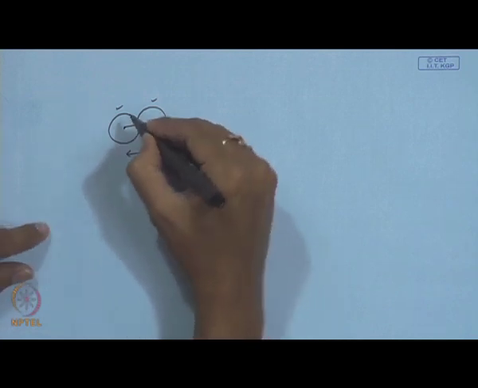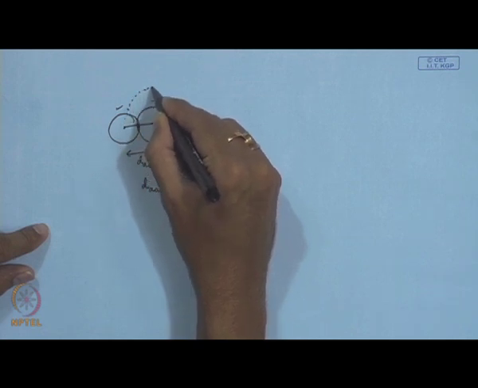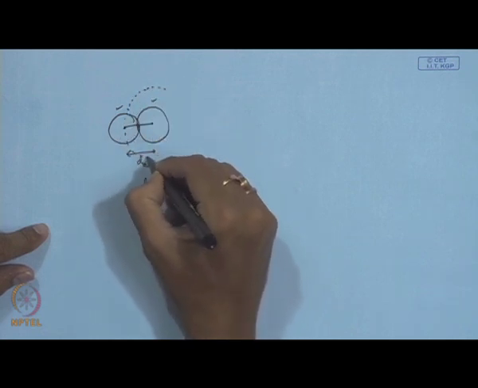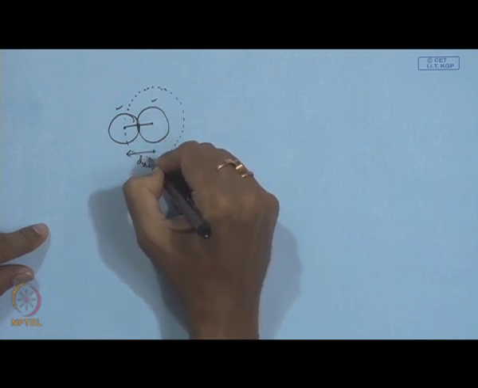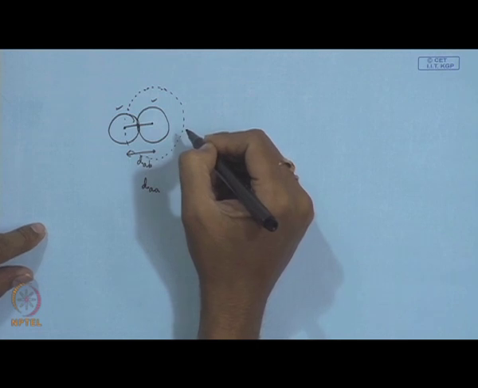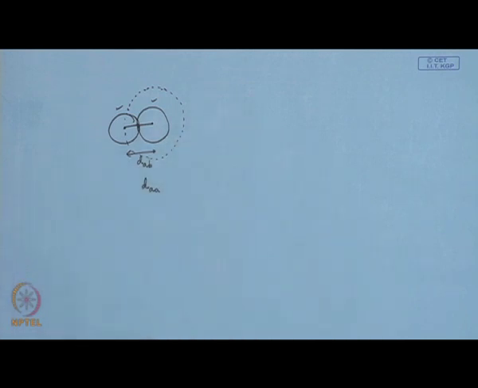So if you draw a circle of this type, then the area will be pi dAB squared. The area of a circle having the radius equal to the collision diameter is known as the collision cross section.